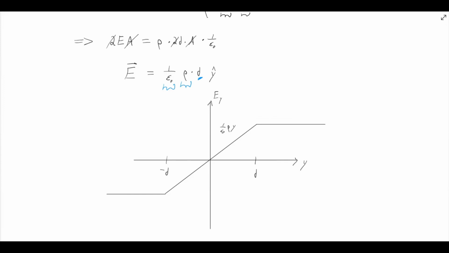So here, this is the component for the electric field in the y direction, and the slope is rho times d over epsilon naught. And so just pointing it back, here is our graph. This is the graph of the electric field plotted against the y direction. I hope you enjoyed this solution, and thank you for listening.